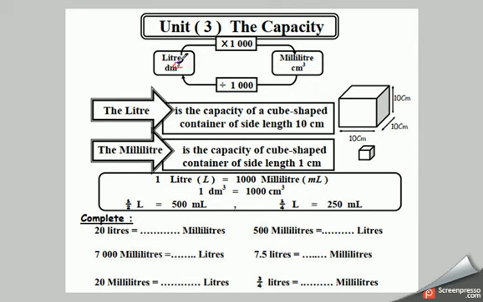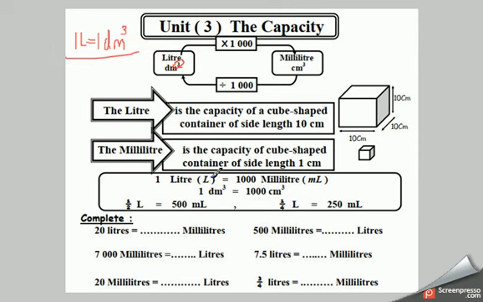Okay, this is called centimeter cube. 1 liter equals 1000 milliliters, and 1 liter equals 1000 centimeter cube, or decimeter cube equals 1000 milliliters, or decimeter cube equals 1000 centimeter cube, so that I can deduce 1 liter equals 1 decimeter cube, not only decimeter. Okay, 1 liter equals 1 decimeter cube.